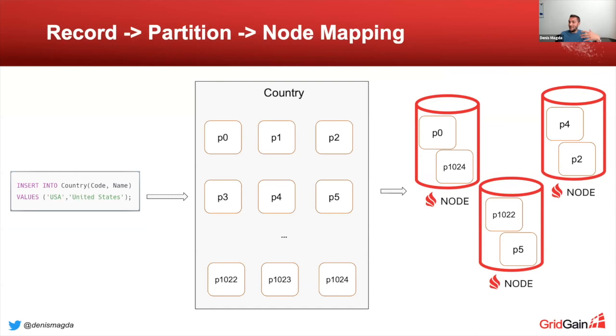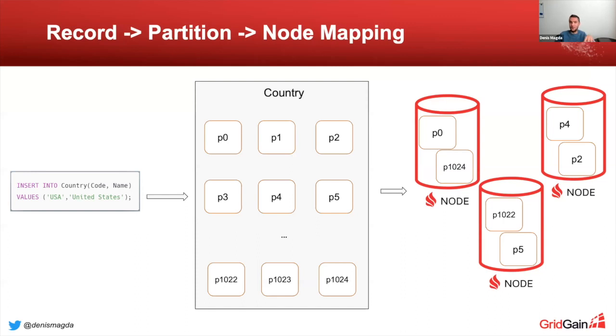And again, we as developers just need to execute familiar commands, such as insert into country, like insert this record of the United States into my country table. And that's it. That's all I do.